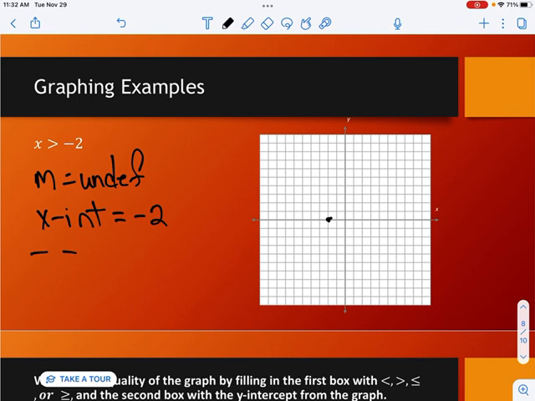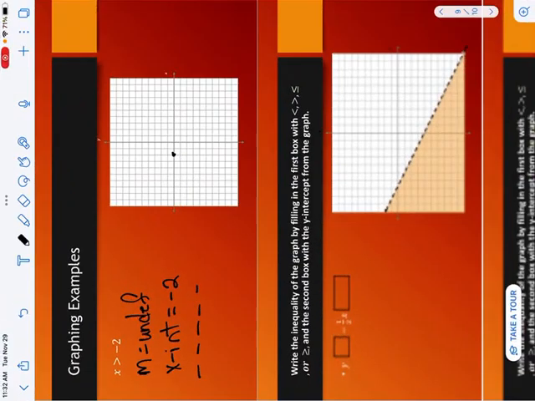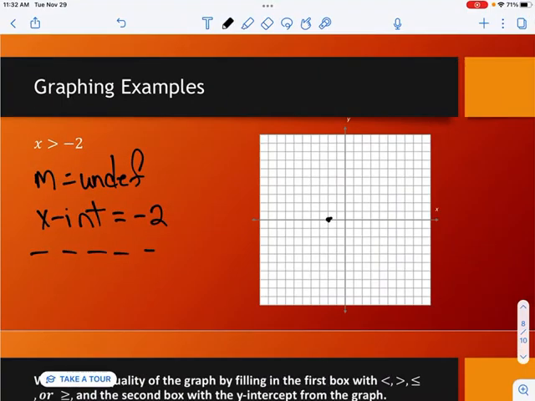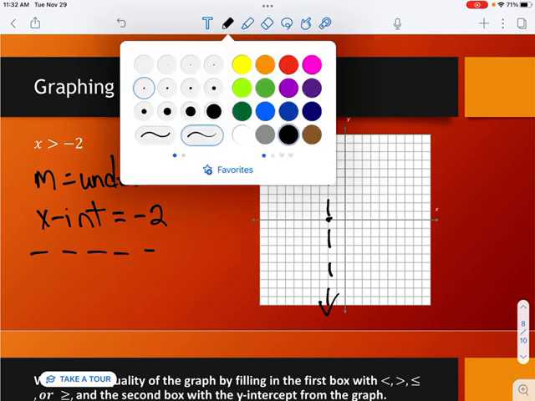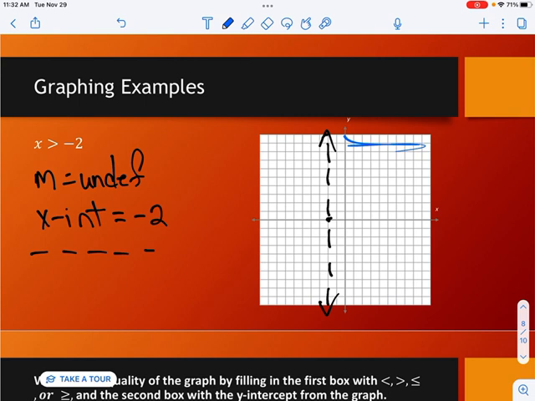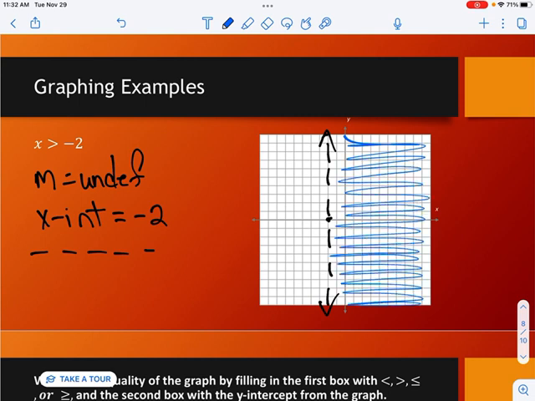It's going to be a dotted line. So that's what we have so far. And then it says x is greater than that. So where is x greater? And the answer would be everything to the right. And there would be our graph.